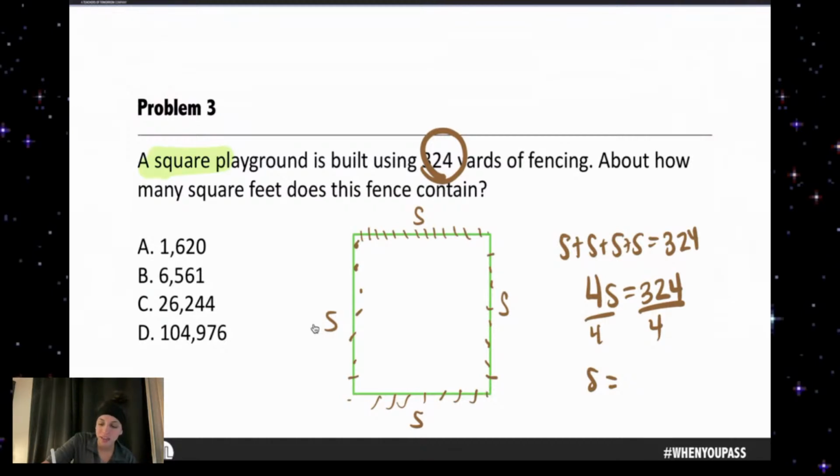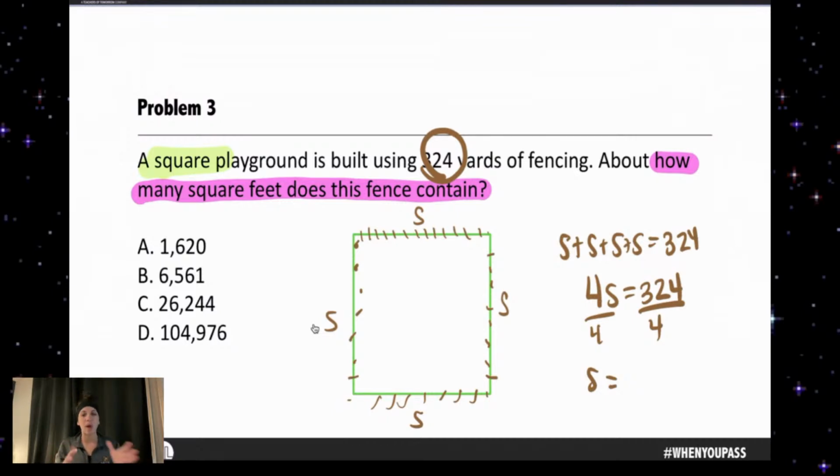Because the question that was asked was, how many square feet does this fence contain?